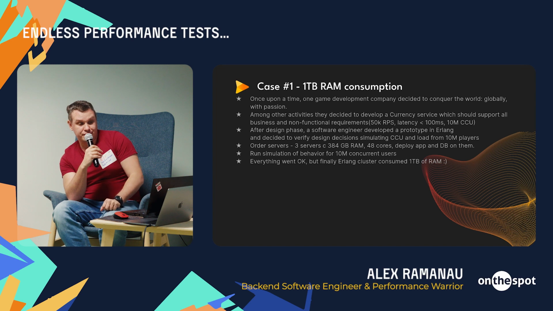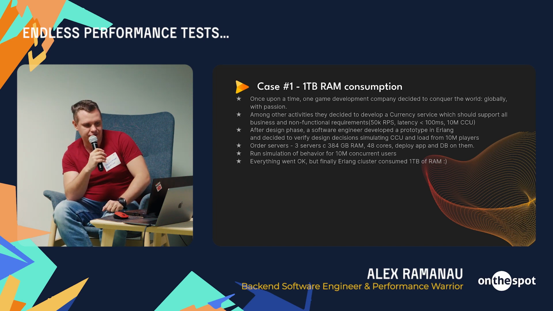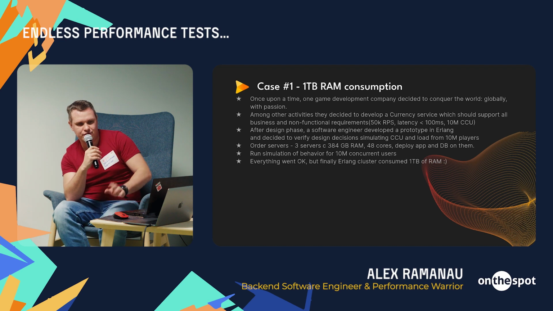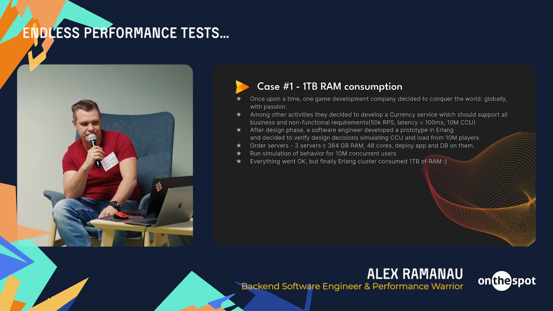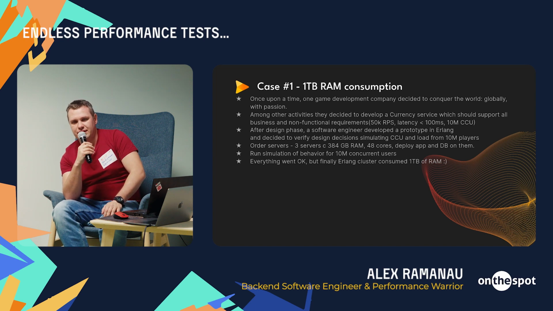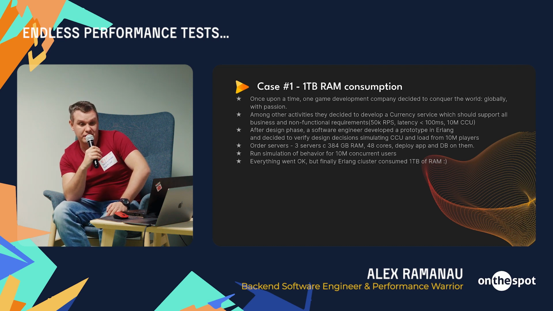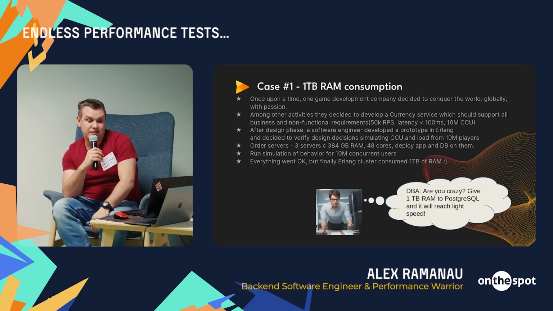And after developing the prototype, the manager ordered 3 servers with 300 gigabytes of RAM. Not so big a setup, but enough for that purpose. And they ran simulations just to check that the prototype meets the requirements. The architecture is cool enough, it's a good approach. And everything was okay after the night simulation, but the Erlang cluster consumed about 1 terabyte of RAM.